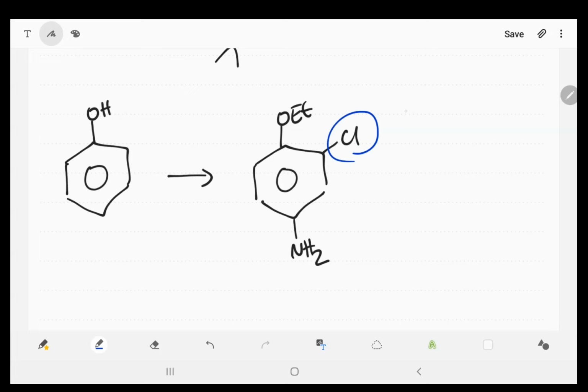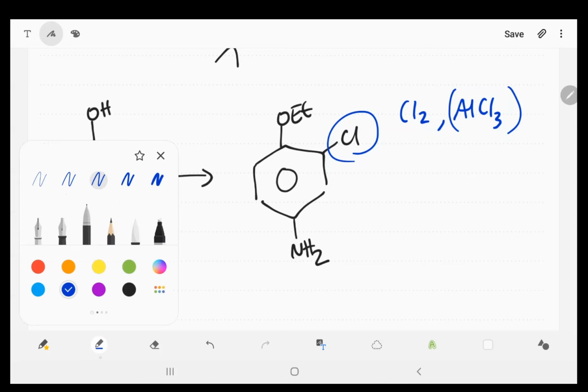Let's start with figuring out what reagents we need to put on this thing. Honestly, we probably don't need the AlCl3 because the OH group is so strong that we would just get the chlorination and be done with it. Probably not necessary, but doesn't hurt, I suppose. Can we use iron or any Lewis acid?